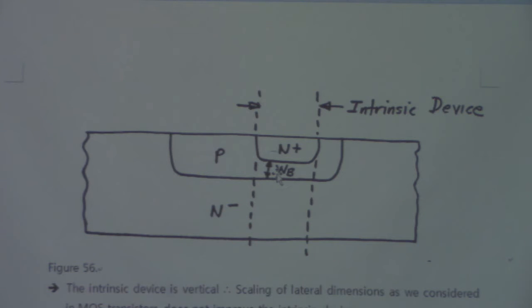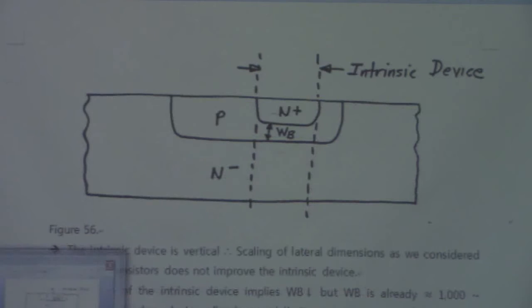And that electric field is related to the device characteristics, the physical behavior of the device. So in the MOS transistor, it is obvious. We have to change the lateral dimension first, and accordingly, we have to change the vertical sections as well.